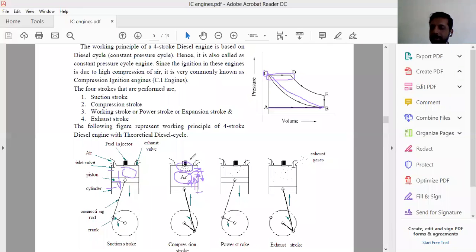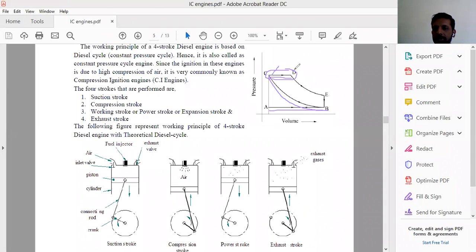Theoretically speaking, the volume is going to change, but at almost uniform pressure. Why? Because at the same moment, the piston is also going to move and the combustion is also going to take place. So in a diesel engine, theoretically speaking, the combustion happens at constant pressure, right? So during this time, this is the combustion process.